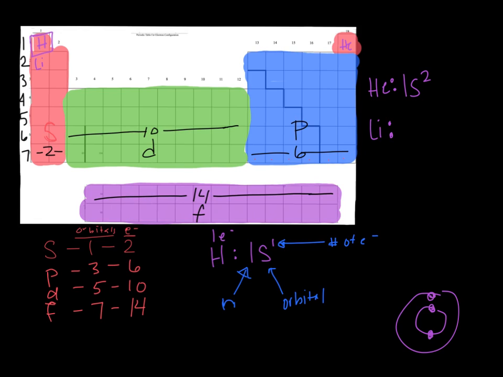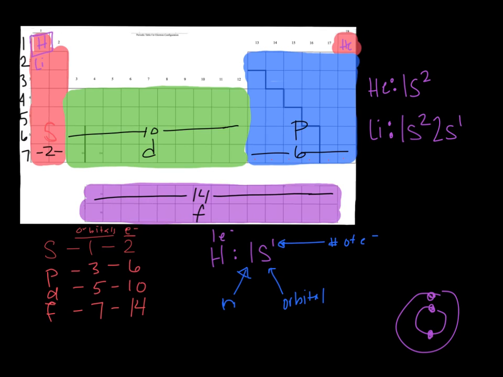So I've got to push 1 and then S. We're going to go all the way through it, then we're going to fill it all the way up. 1s2. And then we're going to have 2s, but it's only one of them because it's the first one. So it'll be 1s2, 2s1.